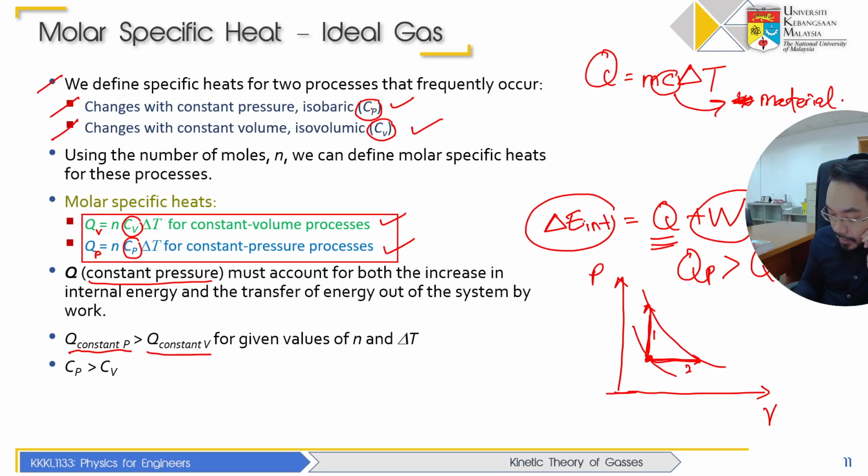If we look at Qv, the constant volume process, there's no change in volume, therefore W must always be 0. There's no expansion or contraction.